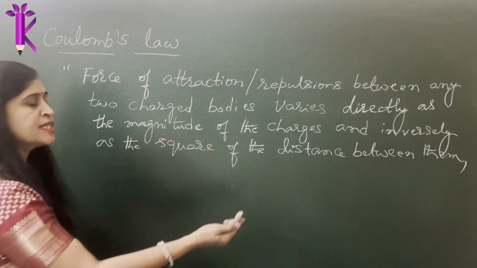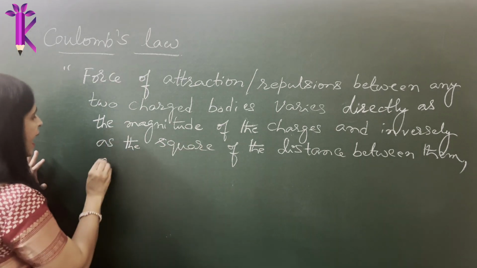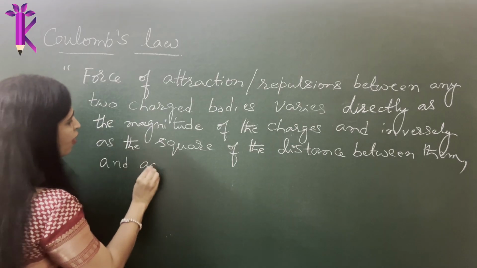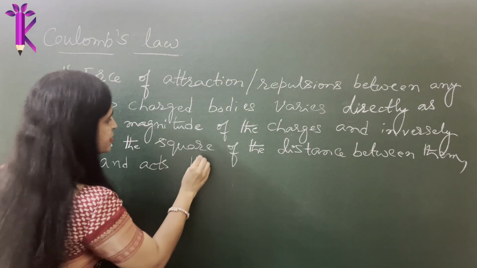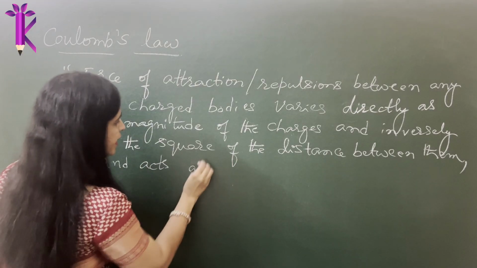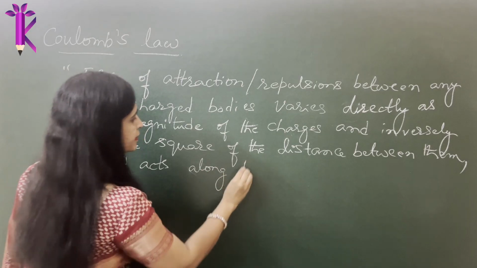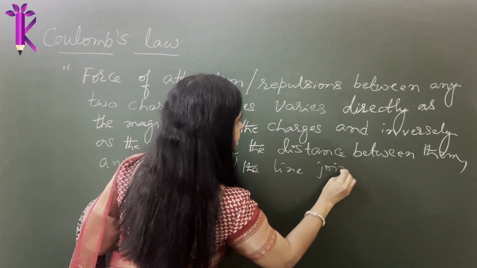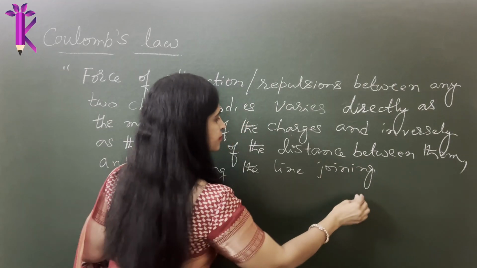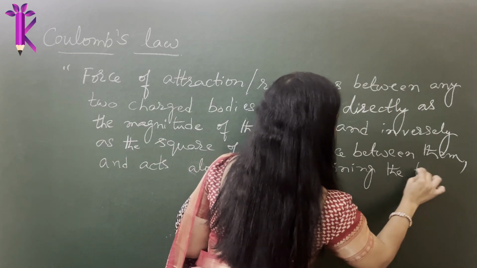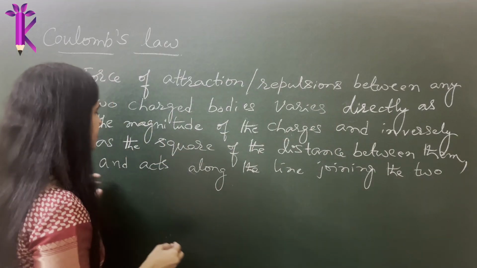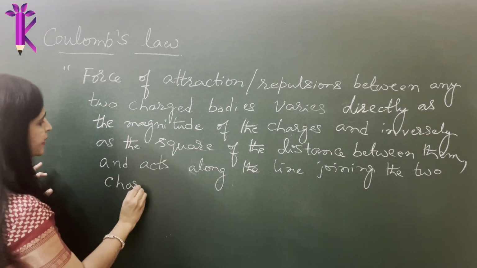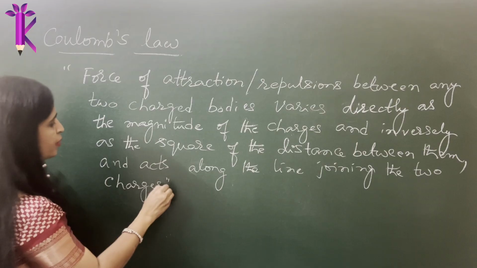So we continue the sentence and say that it acts along the line joining the two charges. This is a complete statement. Only then do you get complete marks for your board examination.